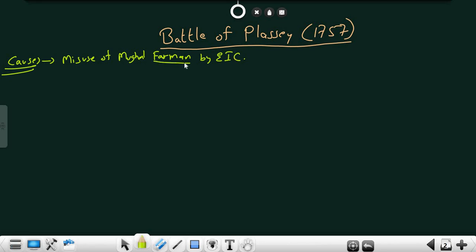Here the term Farman means a royal order, or you can say a decree. The British also started misusing the dastak, and the dastak was the trading rights which were given to the East India Company.